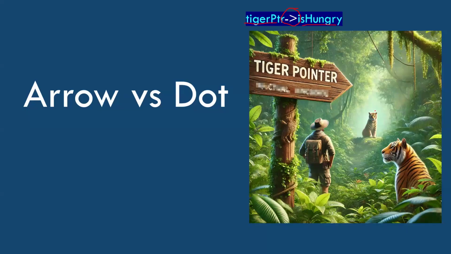We're asking, is this tiger over here hungry? That is different than an actual instance of a tiger behind you that is hungry. In that situation it's not a pointer, it's the actual tiger, and it is tiger dot is hungry. We'll review that in a second, but the big message is: are you dealing with a pointer or do you actually have the tiger?